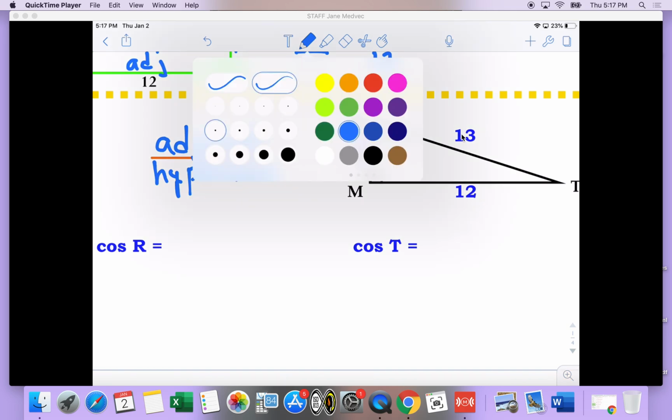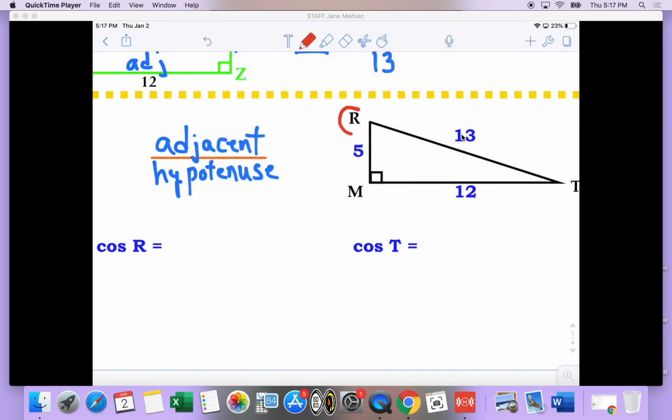So I'm going to grab the r, which is here. You're going to notice my hypotenuse, again, is that 13. My adjacent would be my 5. And my opposite would be my 12. So if I'm looking at cosine, again, it's the adjacent. So I'm looking at angle r. I would pick 5. My hypotenuse would be 13.